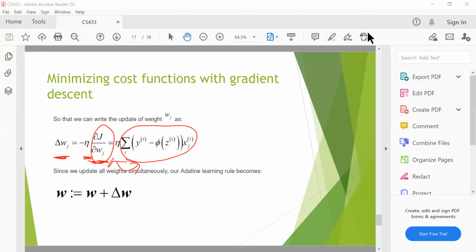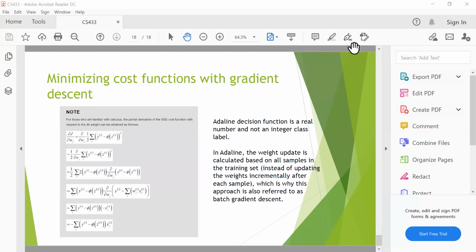Once you know this delta w update, then of course you know the weight at that iteration, and you can update it for the next iteration. So here it involves how you find this solution. You can see machine learning involves heavy math.